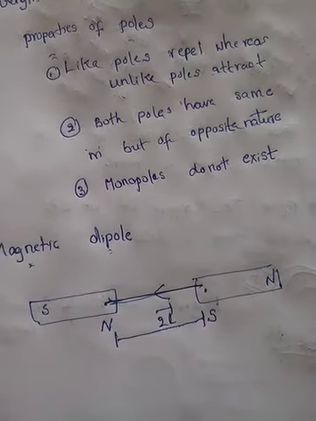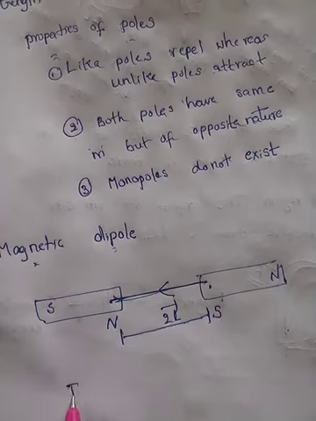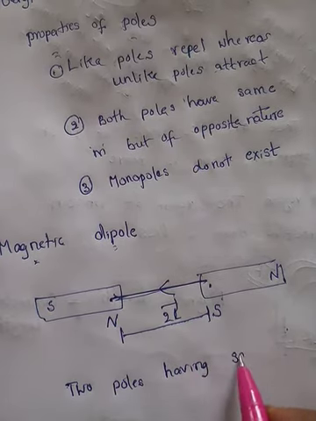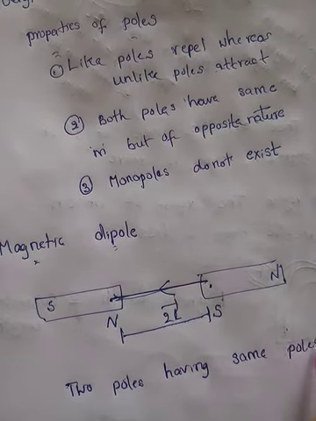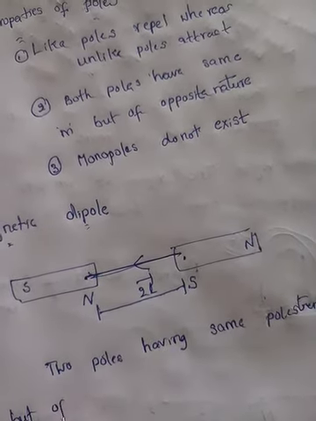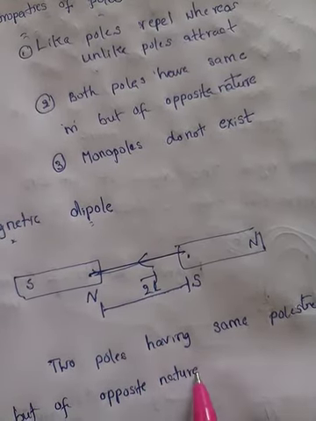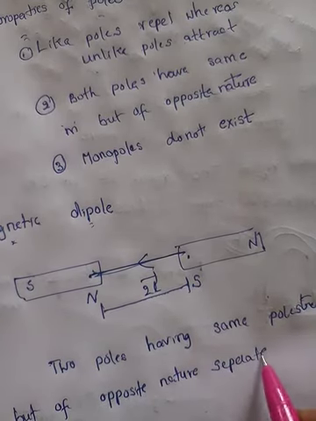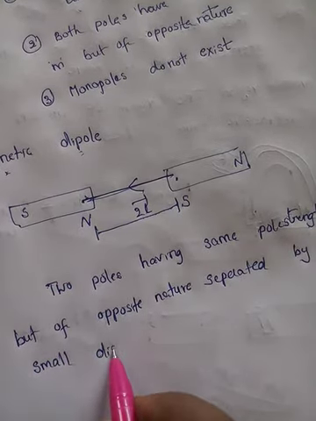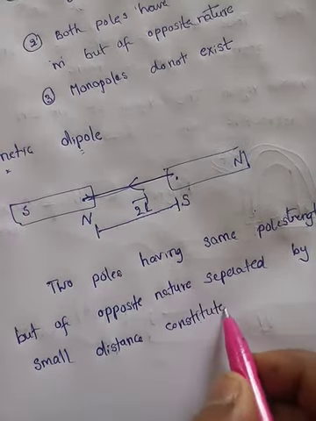So we can define the magnetic dipole as what? Two poles having same pole strength but of opposite nature separated by a small distance constitute a dipole.